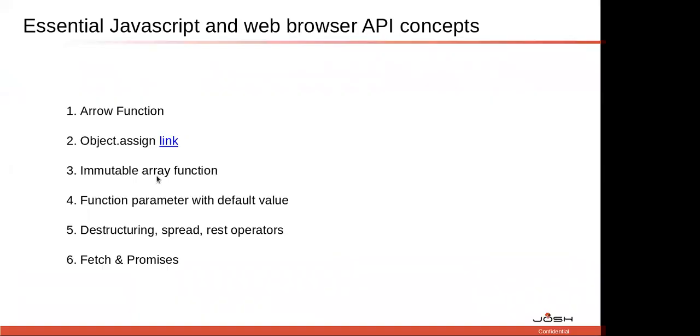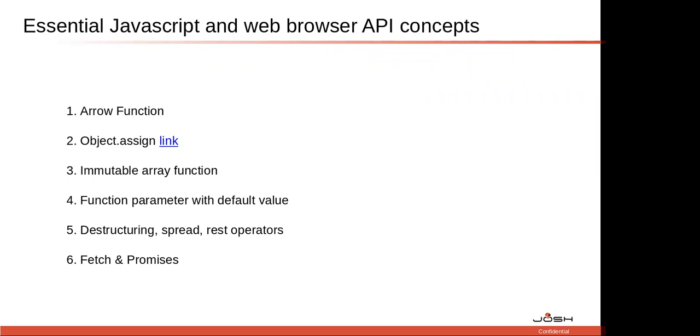Then immutable array functions are, as I said, methods like shift, unshift, pop, push. These are the methods, you know that, right? Then function parameters, like in a normal function, if you want to pass some value, we pass a default value there.